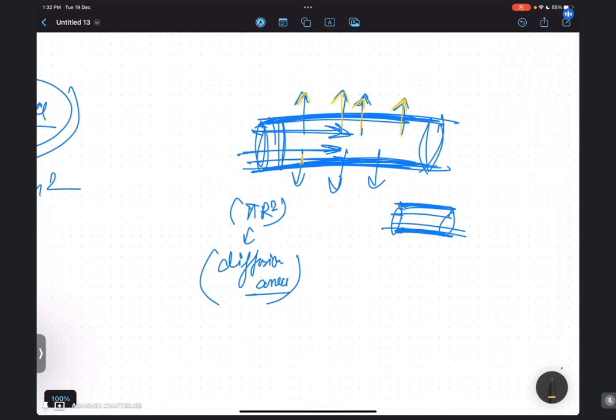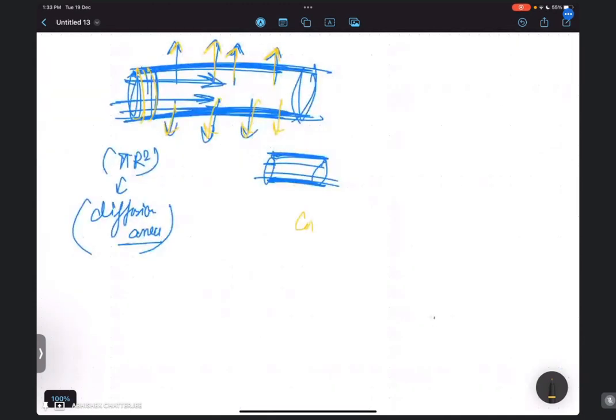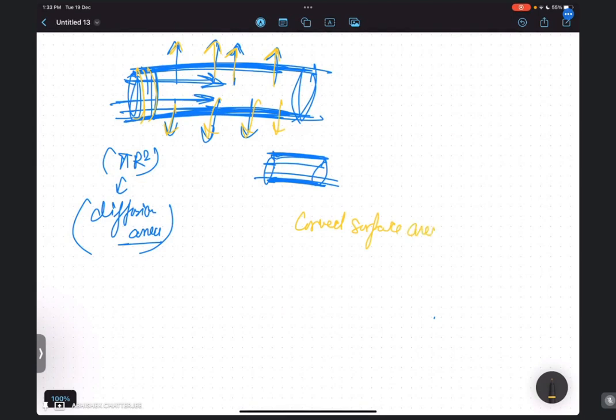So which area will be responsible for this surface reaction? This area will be nothing but your curved surface area. That is your 2 pi r into dz. Why are we taking dz?